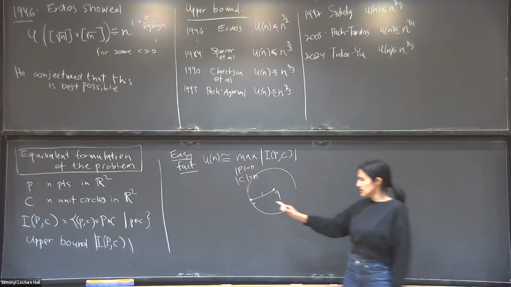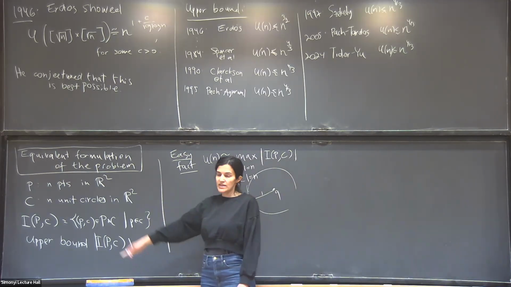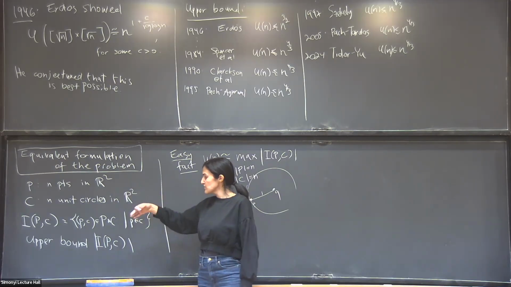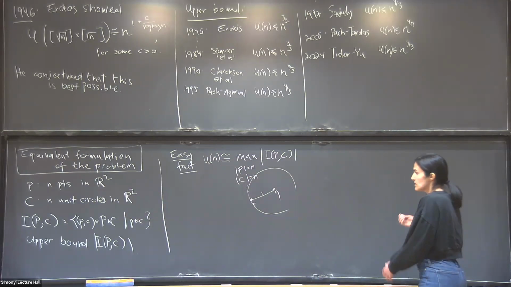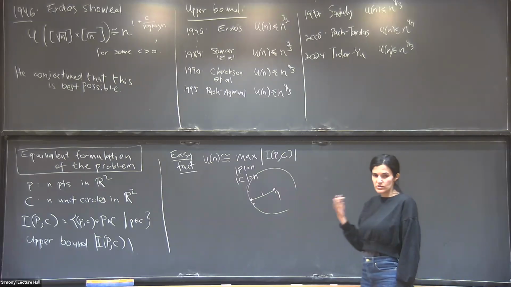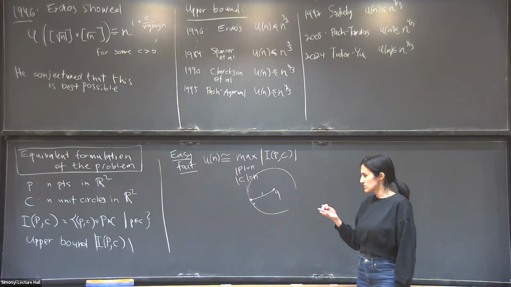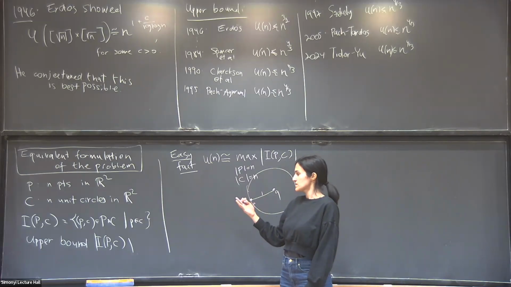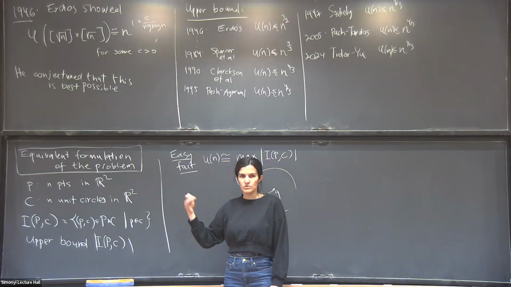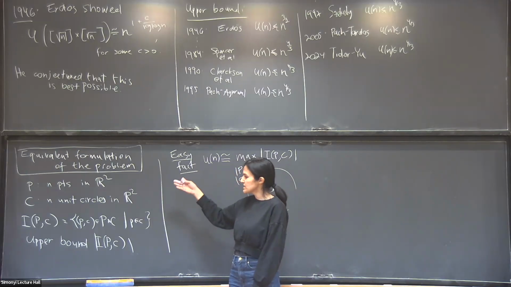If you look at this question, you can ask, okay, this is an incidence problem between points and unit circles. What about other curves in the plane? It's the same thing. And indeed, people looked at this problem, and the most basic instance of it is about bounding the number of incidences between points and lines.